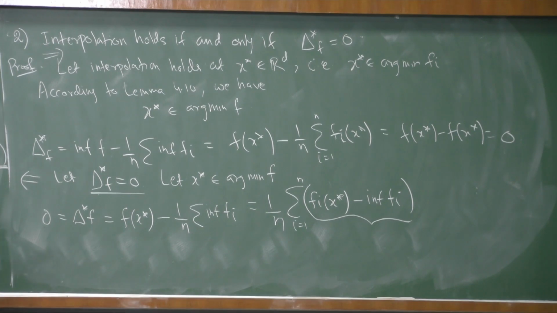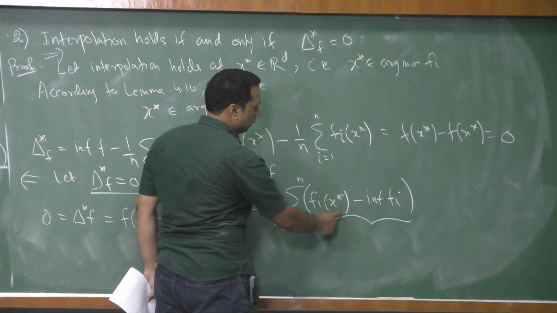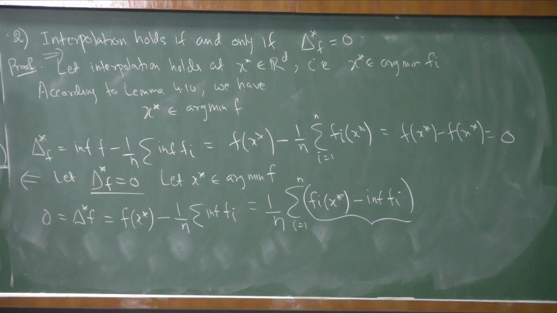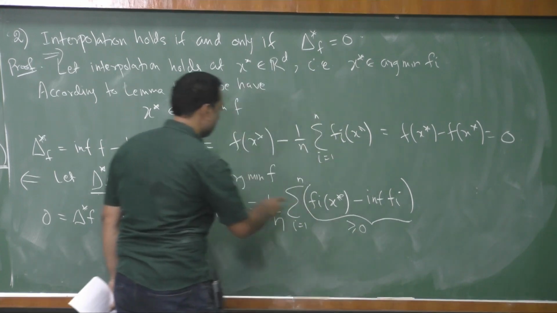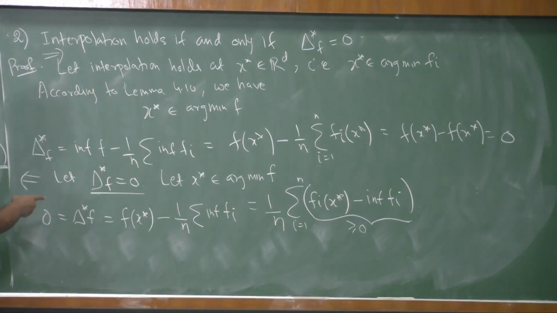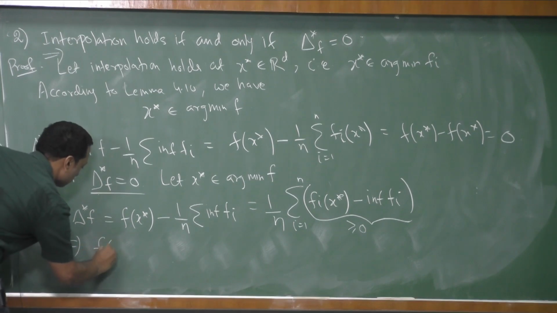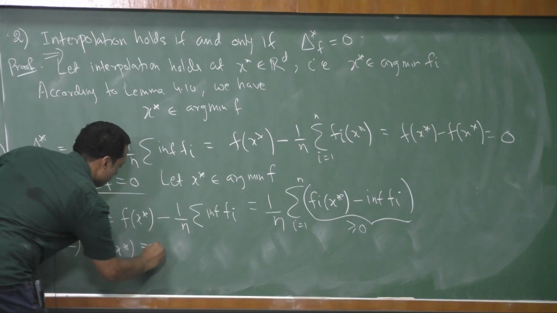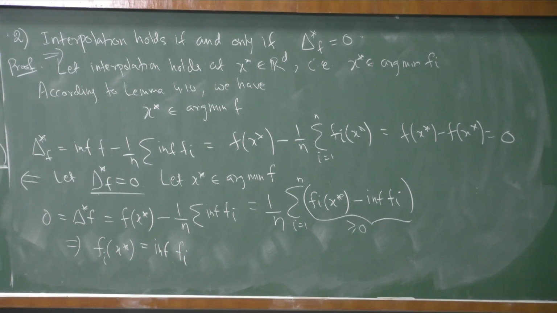Because this is the minimum that you can have, and this is some x star, this may not be optimal for fi. So each of these guys is greater than or equal to 0. So sum of positive numbers being 0 implies individual terms being 0, right? So this proves that indeed x star interpolates, right? Meaning x star is a minimum for all fi, right? So this is for all i.